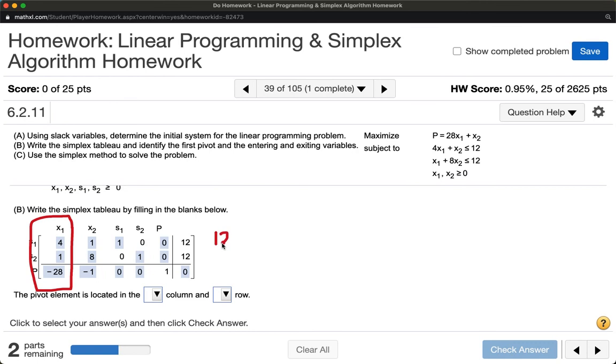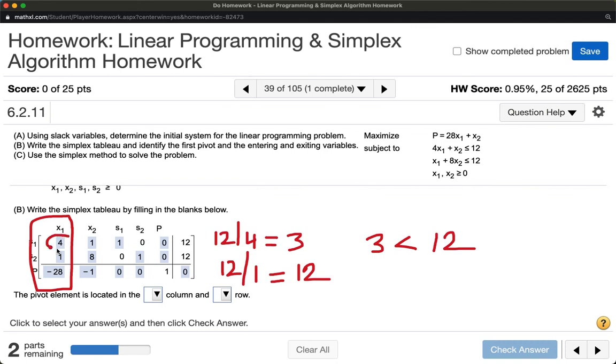12 divided by 4 is equal to 3. And then 12 divided by 1 is equal to 12. So we have 3 is less than 12. Is that not so? So that means I'm going to have to pivot right over here.